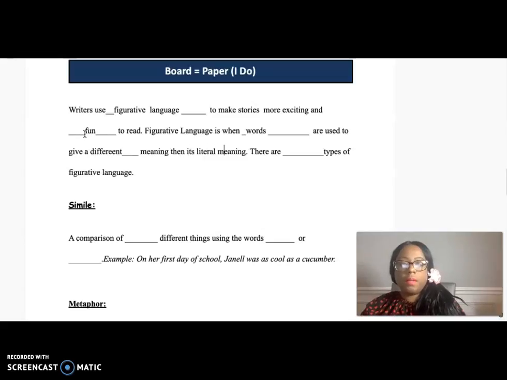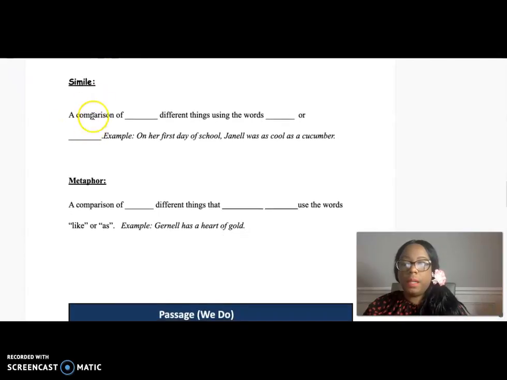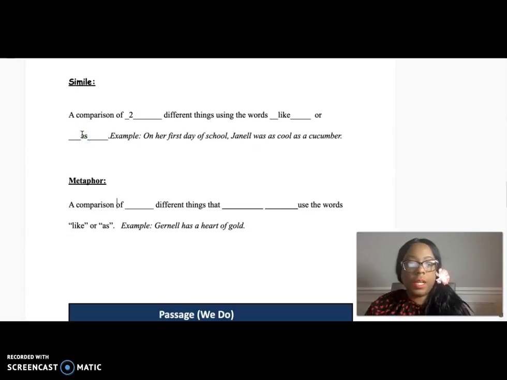There are, who remembers from last week, 6 types of figurative language. The first 2 we're going to review are simile and metaphor. So, a simile is a comparison of 2 different things using the words like or as. For example, on her first day of school, Janelle was as cool as a cucumber.